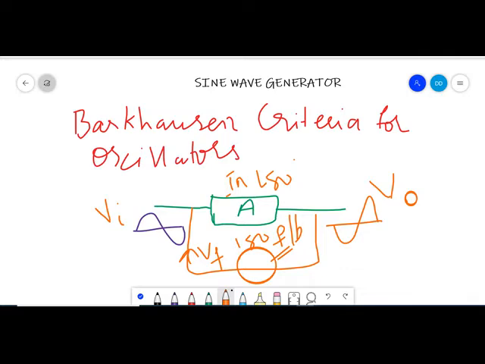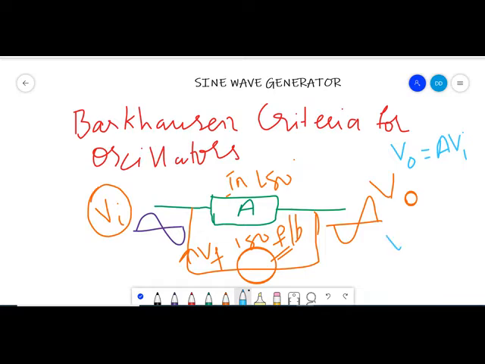So this Vi is fictitious. We are not considering the input signal as of now. The output itself is given back as input to the amplifier. So we have V0 equal to A into Vi.